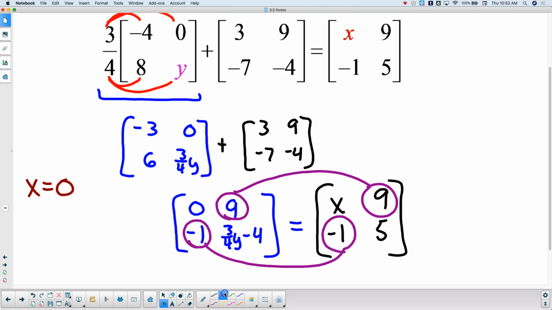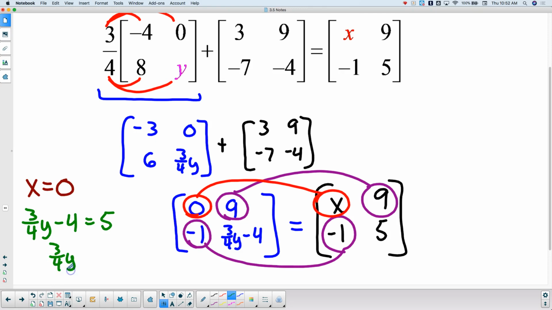We'll do purple, red. And 3/4 y minus 4 is equal to 5. So that's 3/4 y is equal to 9.